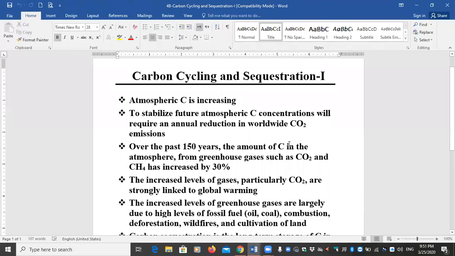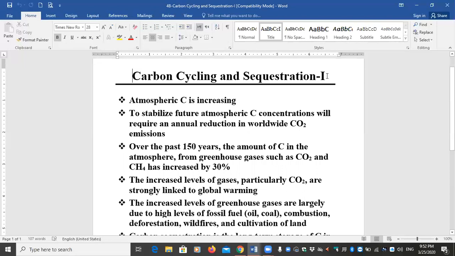Okay, we'll talk about a very important aspect related to soil organic matter, and you should be familiar with that. Now, with so much talk about climate change and the importance of carbon in the soil, this is extremely important. We will talk about it a little bit. Carbon cycling and sequestration.